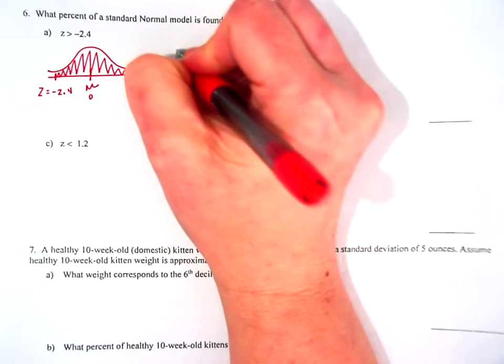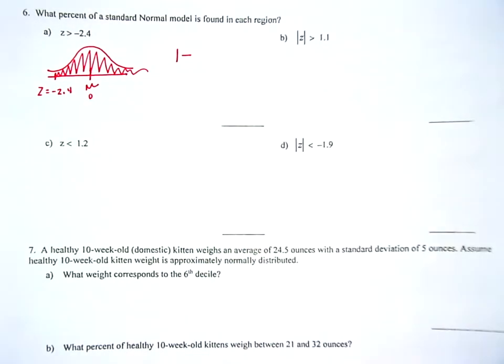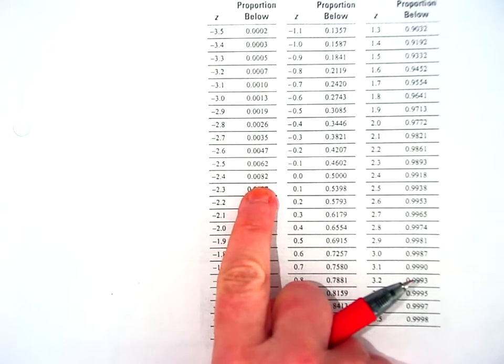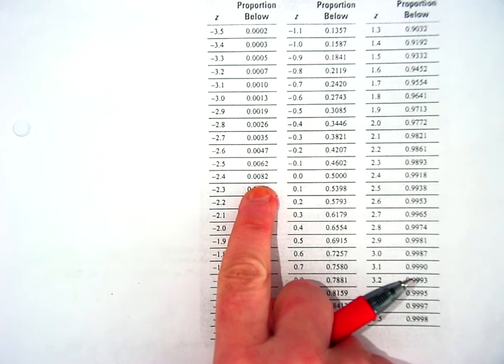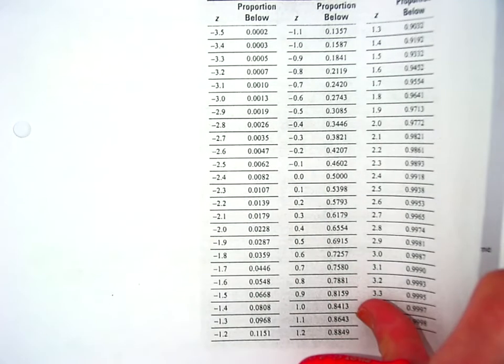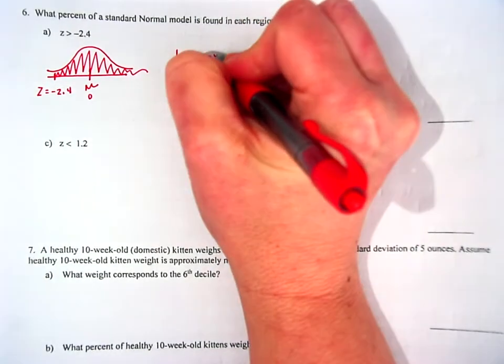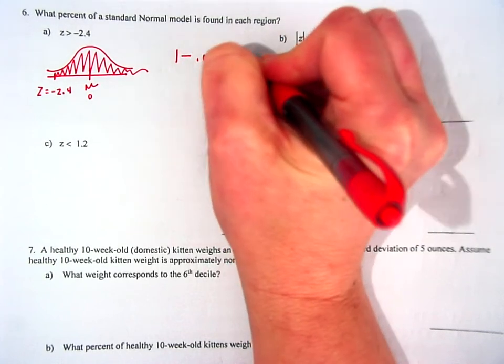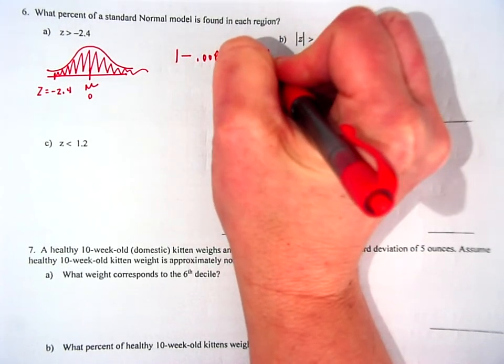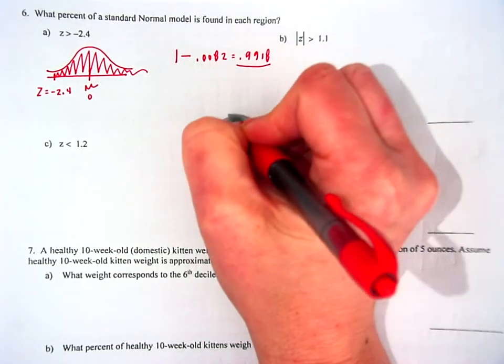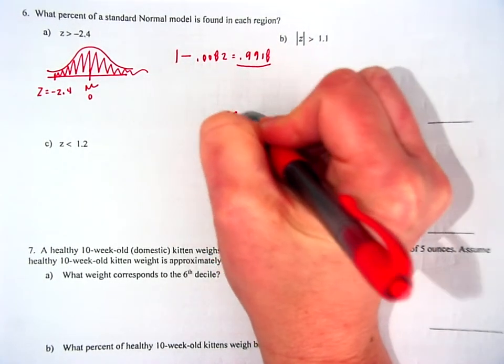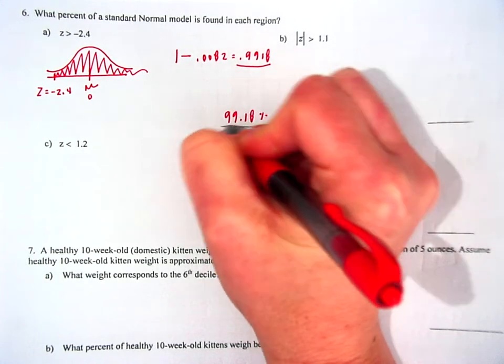So I'm doing 1 minus, and if I look up a z-score of negative 2.4, this gives me the area, the proportion below. So I'm subtracting 0.0082. And that gets me 0.9918. And I write it as a percent, so 99.18%.